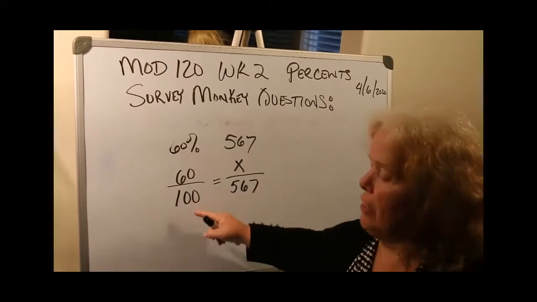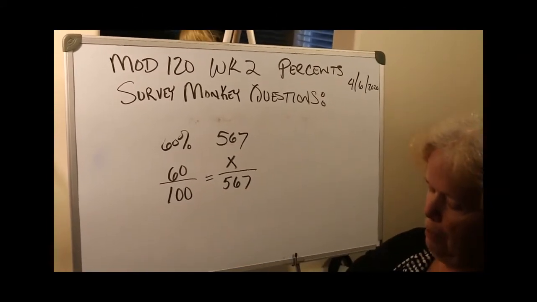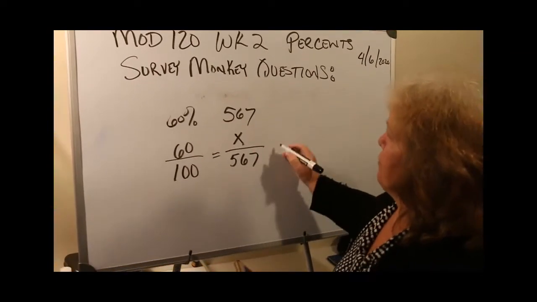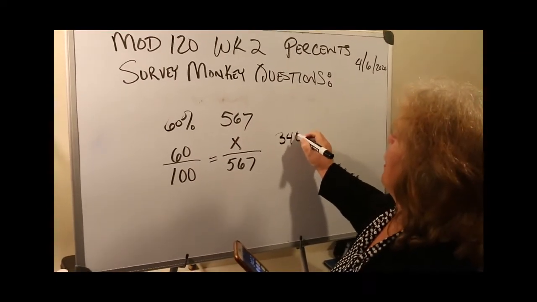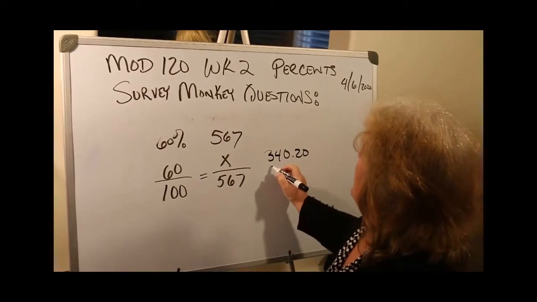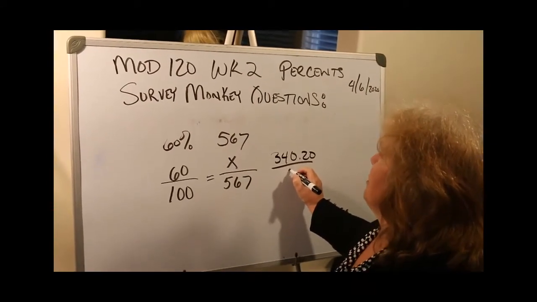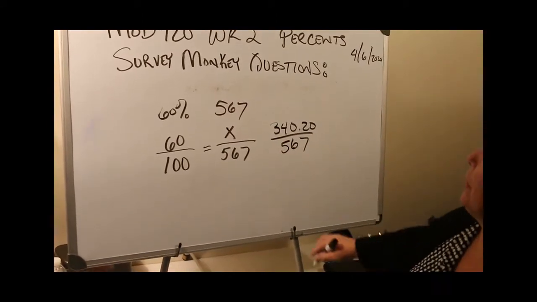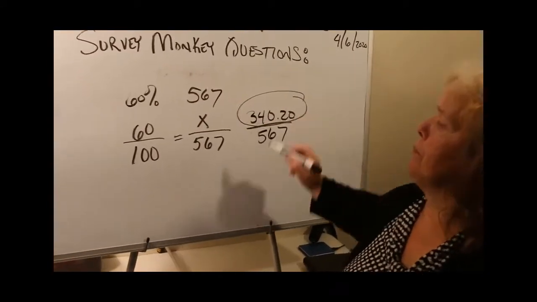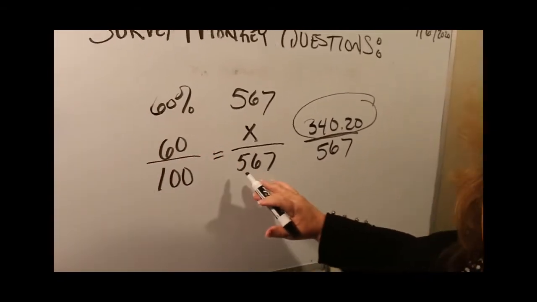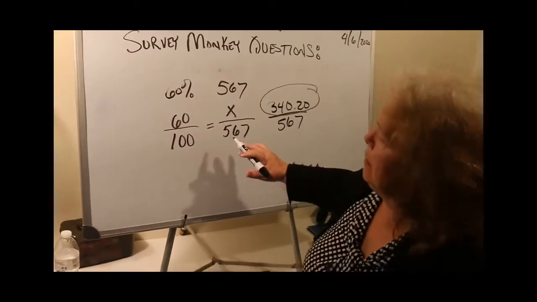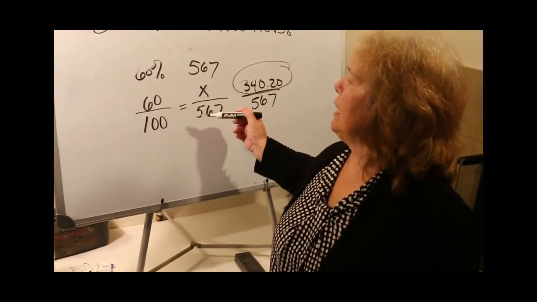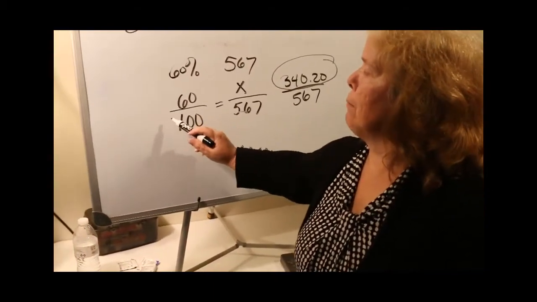What's left is that 100. So we divide by 100. The answer is 340.20. 340.20 is 60% of 567. Again, whatever information is missing, whatever two numbers cross each other, you multiply and then you divide by the remaining number.